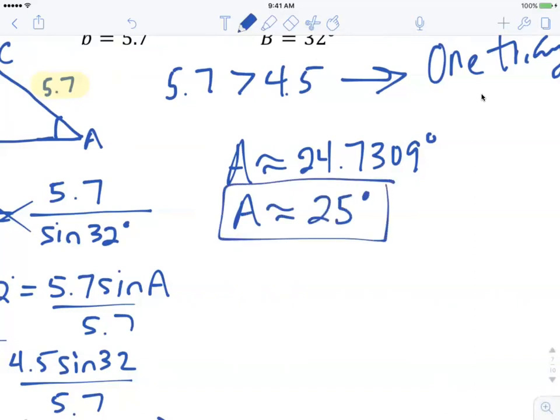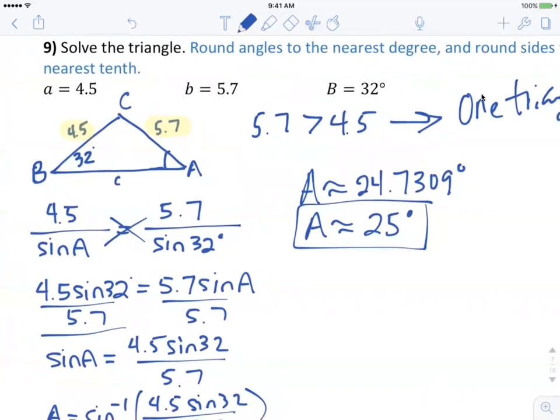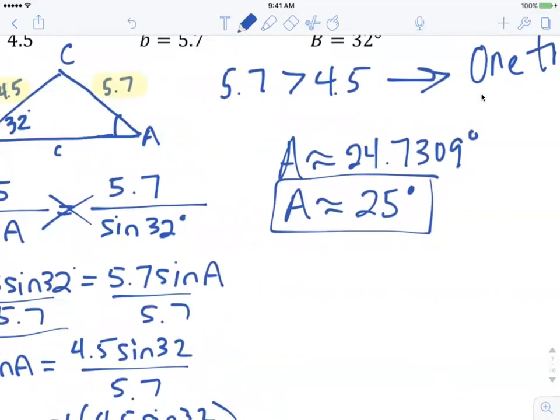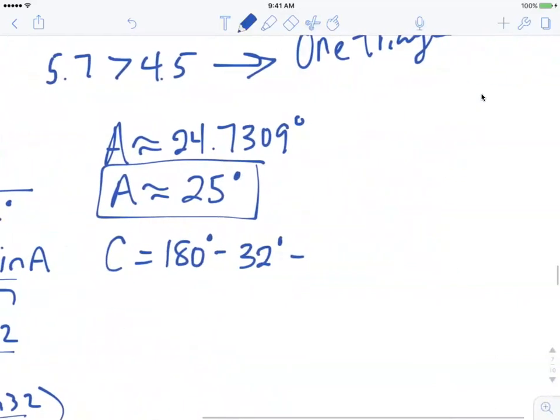Woohoo! Okay, next, once I have two angles in a triangle, I can get the third angle by the 180 rule. So now I'm going to do 180 minus that 32 that was given minus, and I'm going to be a little bit careful here.